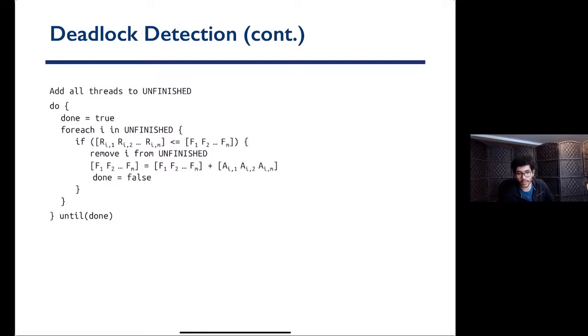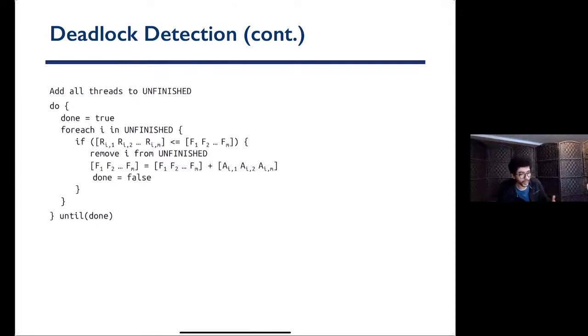It assumes that threads only release resources when they want, so they can't be preempted. This also assumes that each single unit of resource can be only owned by one thread. So there's no resource sharing per unit. So each unit goes to a single thread. So these are the assumptions.